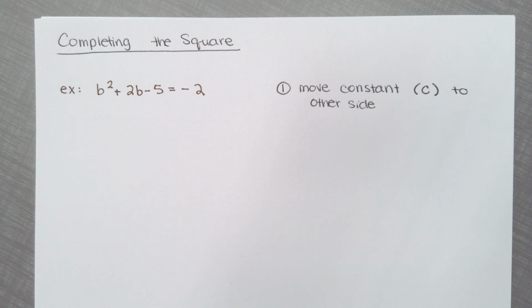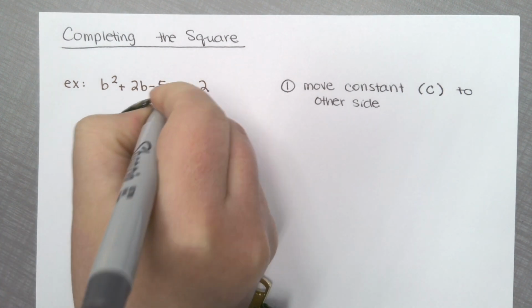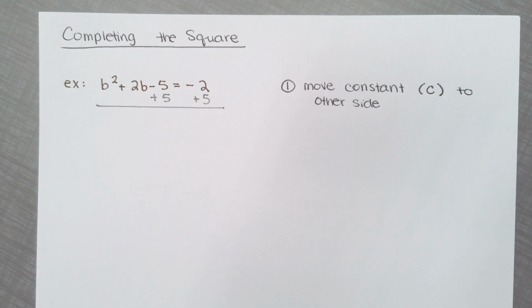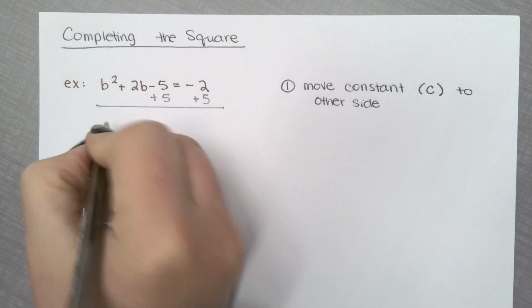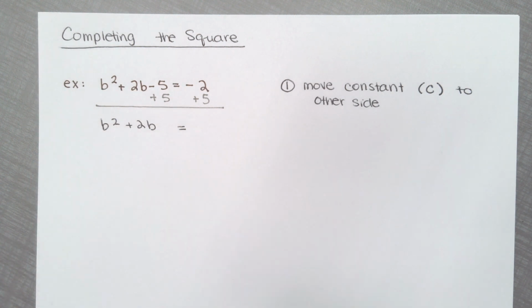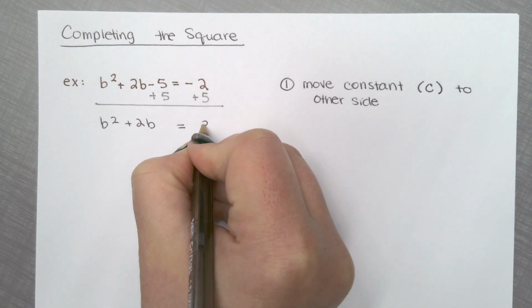So for this example, we're going to add 5 to both sides. We're left with b squared plus 2b is equal to a negative 2 plus 5. That is a positive 3.